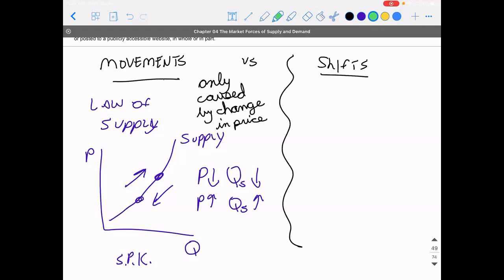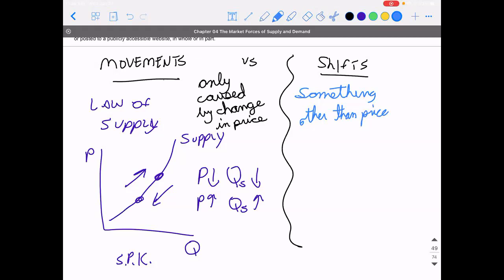As opposed to shifts. Now we're saying that something other than the price is changing.